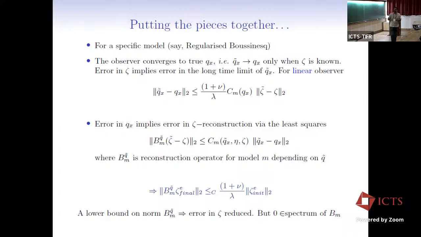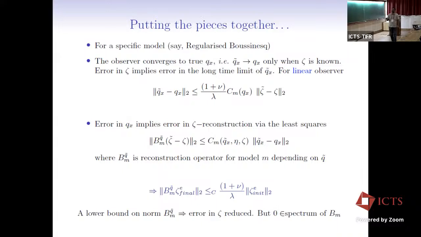Okay. You can also show that this reconstruction operator on the previous slide that I mentioned satisfies the following bound. So B times the error in the bottom boundary is upper bounded by the error in the surface velocity. This is what I was saying, that given the surface velocity, you were able to estimate the bottom profile. Given the bottom profile, you were able to estimate the surface velocity. You want to combine these two inequalities.